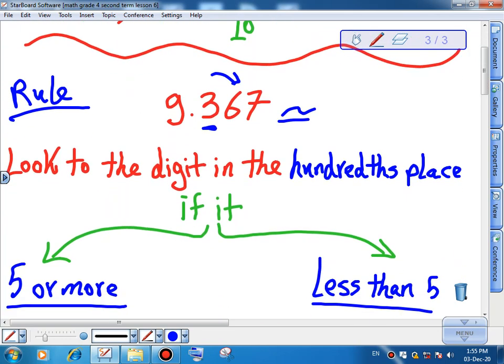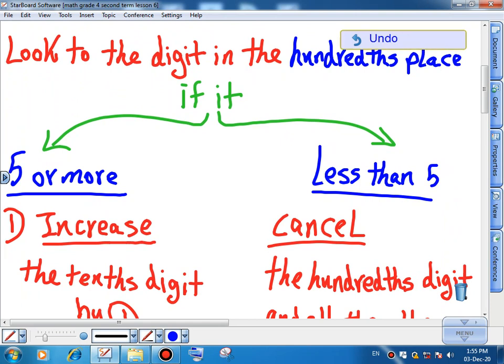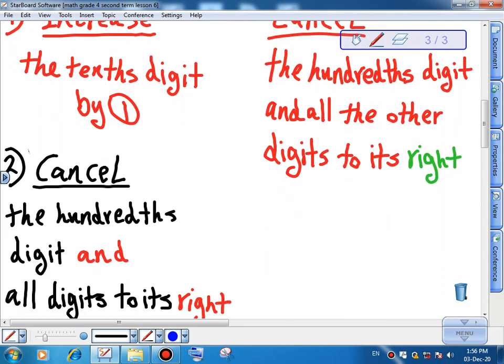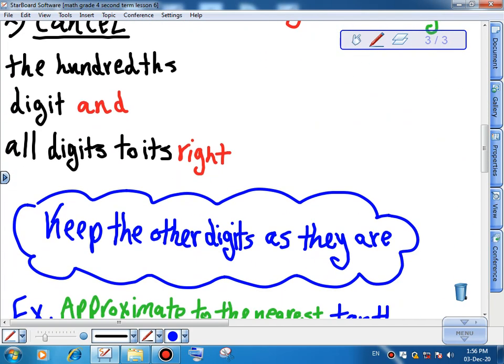So the rule, if I need to approximate to the nearest tenth, look to the digit in the hundredths place, which is 6. If this digit is 5 or more, just increase the tenth digit by 1 and cancel the hundredth digit and all digits to the right, and keep the other digits as they are.